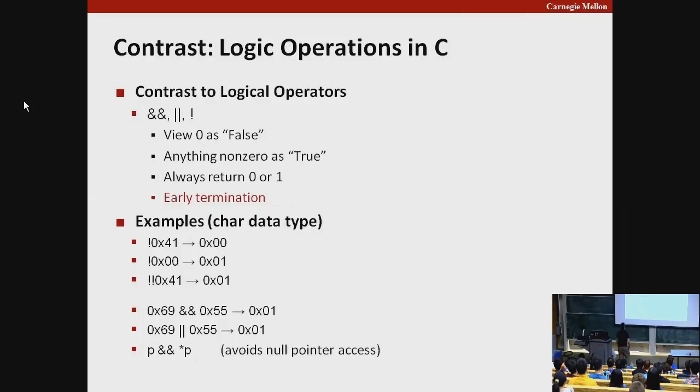So this value is going to be 0 or false if P is null. Otherwise, it's going to be whatever P, the value of whatever P points to. Yes? How would this exactly be useful to us? Because we're not getting the value that's stored in P. We're getting 1 if it's non-zero. Right.